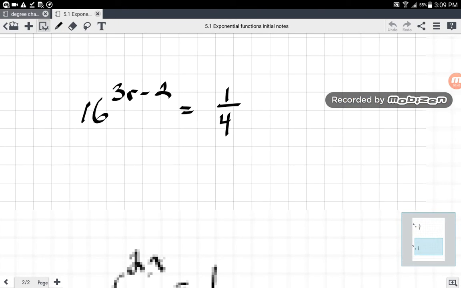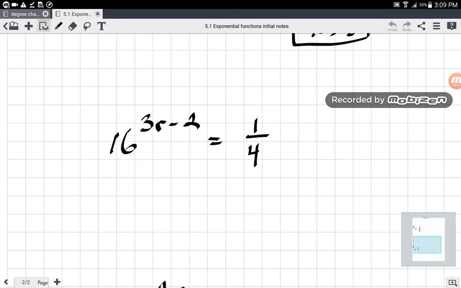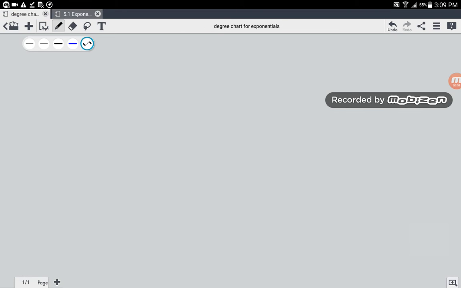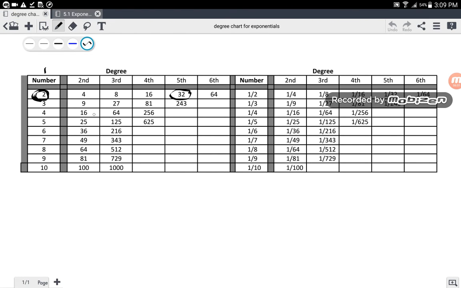One last example, and this one has a fraction, but I'm still going to do it the same way. I'm going to look for 16 and 1/4 in a way that I can write them with the same base. I'll look at this degree chart. 16 I can write as 4 squared, and 4 to the -1 would give me 1/4.